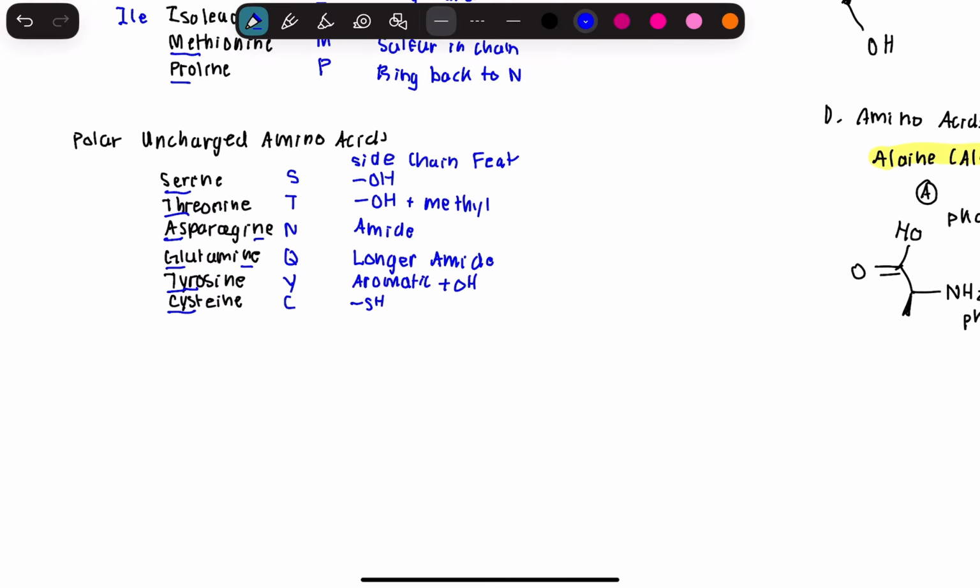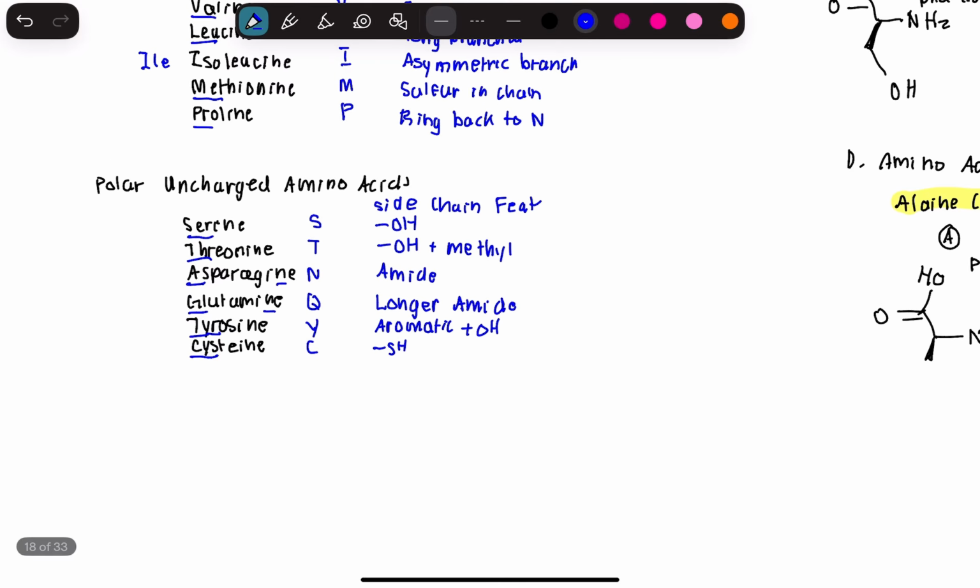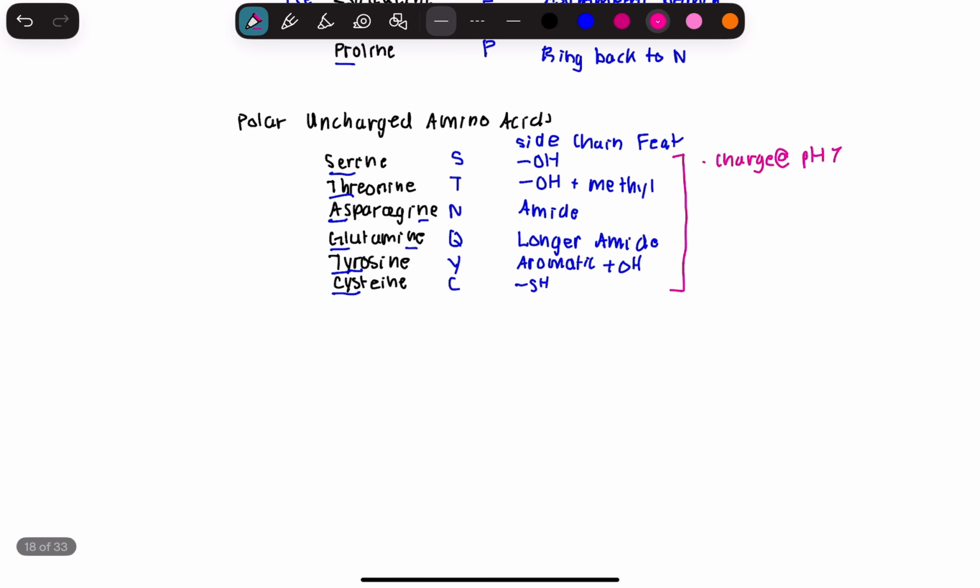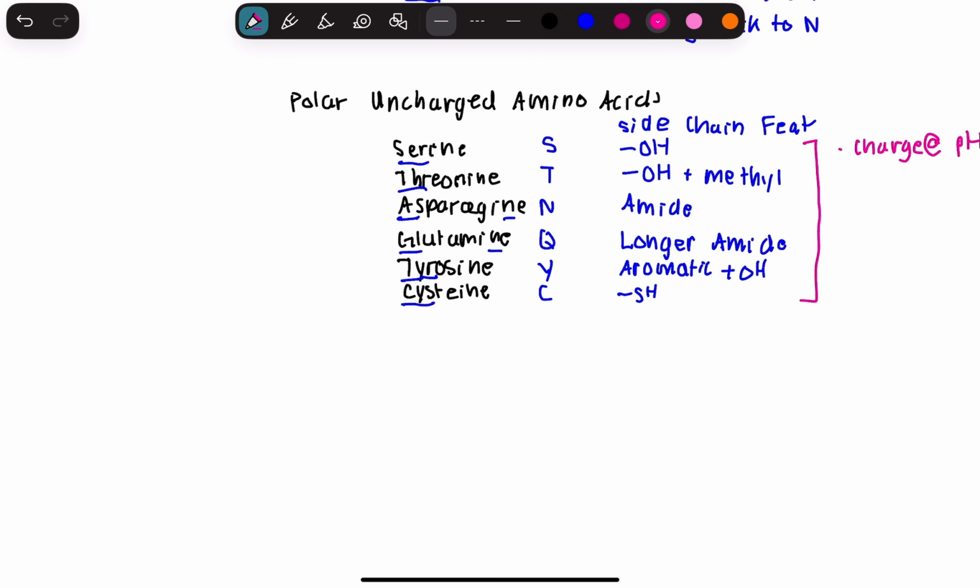So some key facts here are that their charge is going to be neutral at a pH of 7. Also, you can note that serine, also threonine, and also tyrosine are phosphorylation sites.